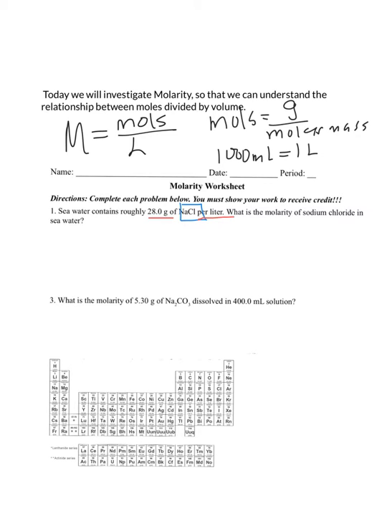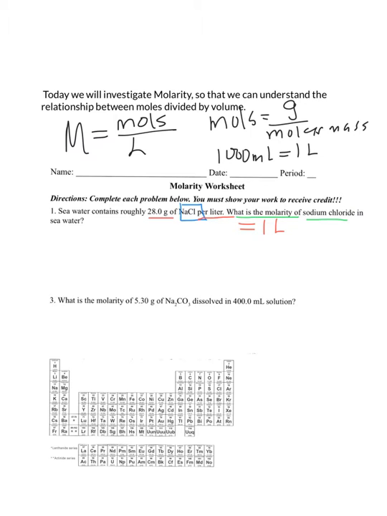Anytime it says per liter, we're going to assume that that is equal to 1 liter, right? We're going to assume we're at 1 liter here. And it says, what is the molarity of sodium chloride in seawater?